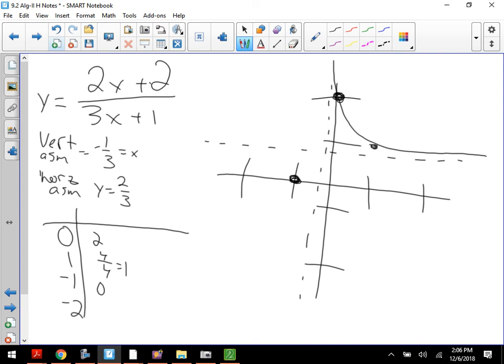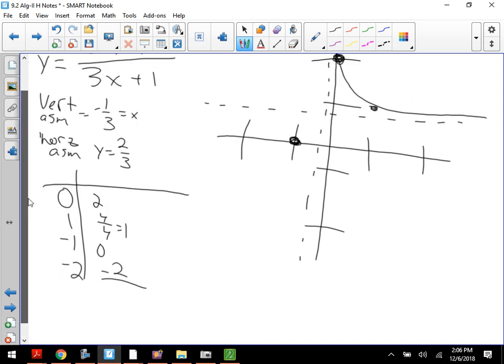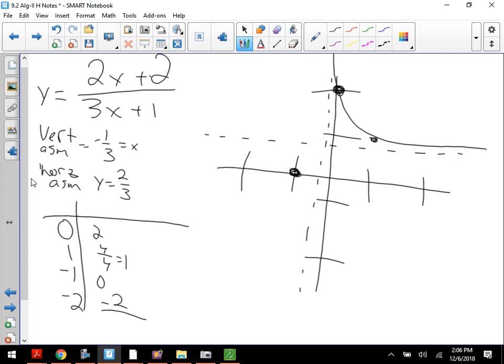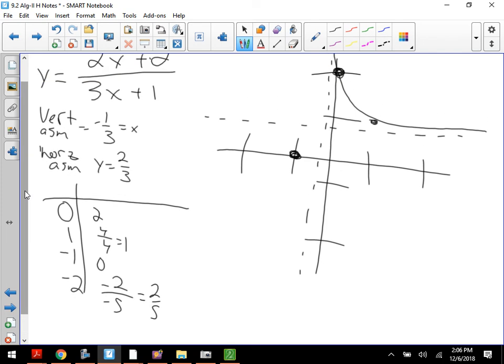At -2, -4. -4 plus 2 is -2. -6 and 1 would be -5. So that becomes 2/5, positive, because negative divided by negative. Now, 2/5 in relation to the 2/3.